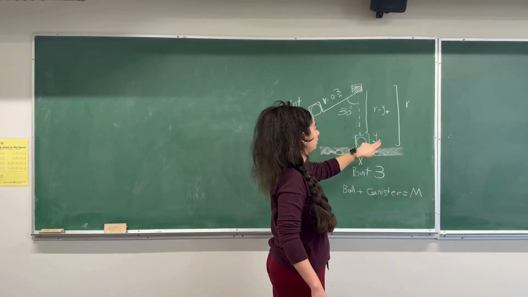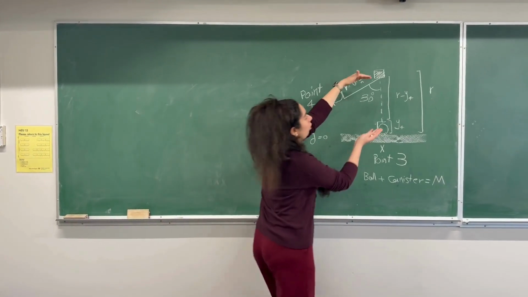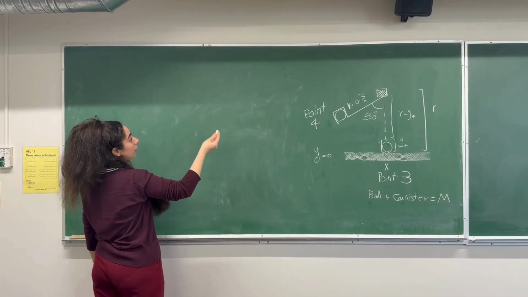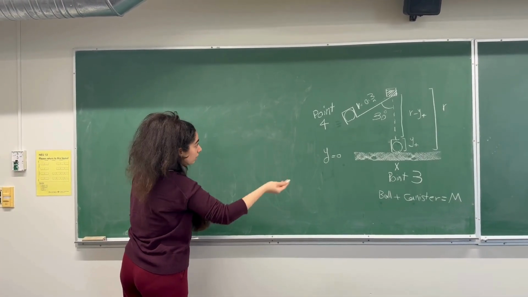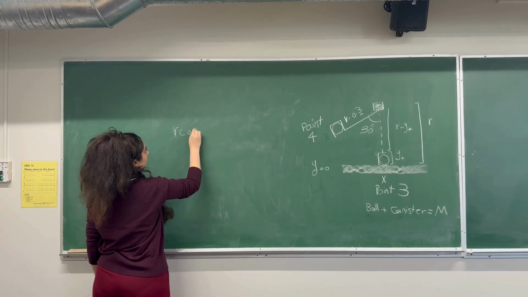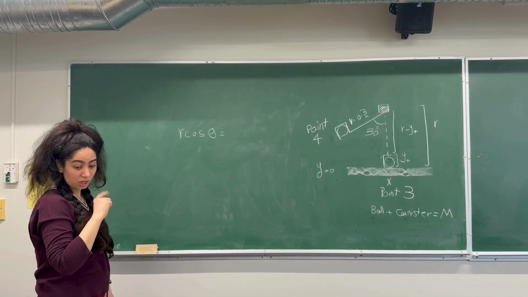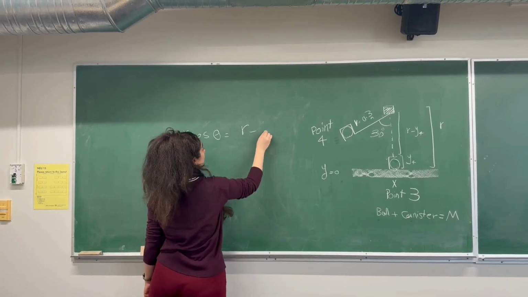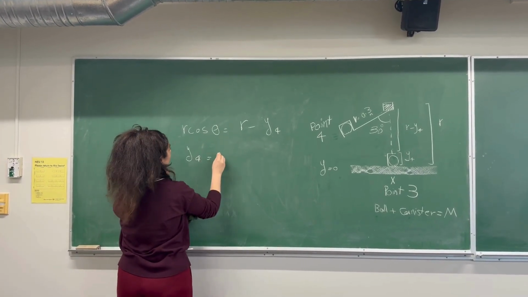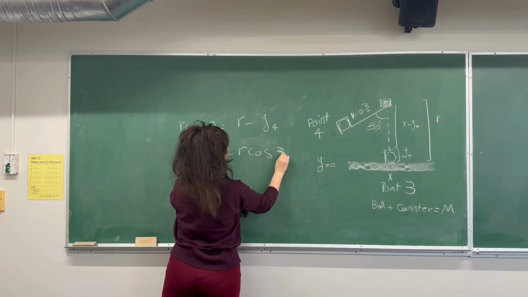Well, I'm going to explain what y4 is. It's a triangle. Based on the triangle, we can understand that r minus y4 is equal to r cosine theta. So y4 is r minus r cosine 30 degrees.